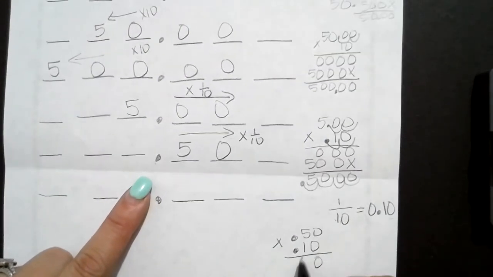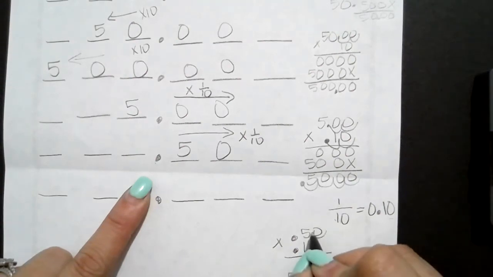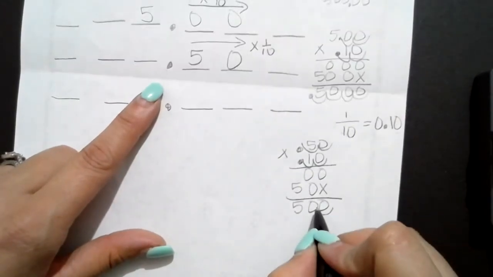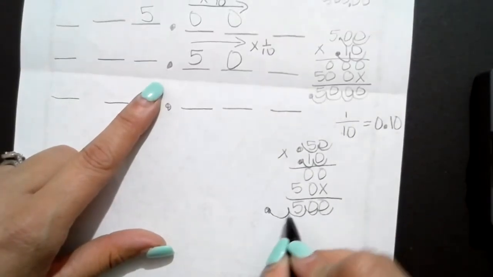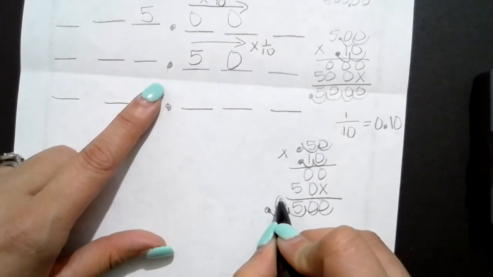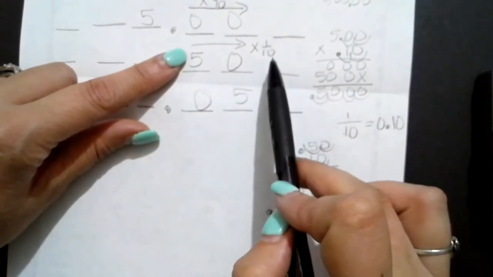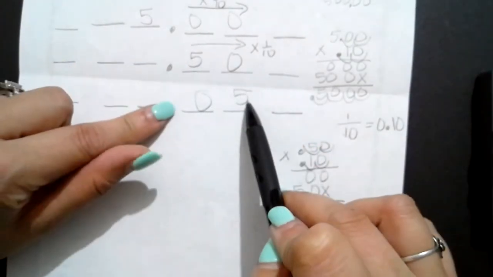Well, 0, 0, move over. 0 and 5. 0, 0, 5. My decimal is 1, 2, 3, 4. Oh, you can't see that. So 1, 2, 3, 4. What do I have to fill in when there's nothing? A 0. So it's going to be 0.05. So if I take 50 cents and divide it between my 10 friends, we all now have 5 cents.